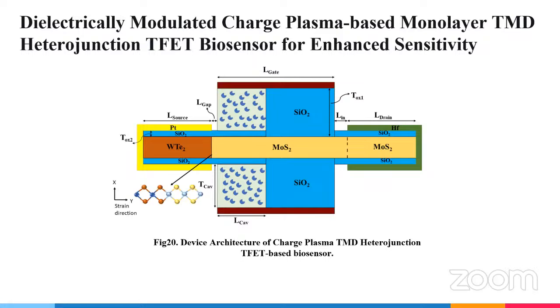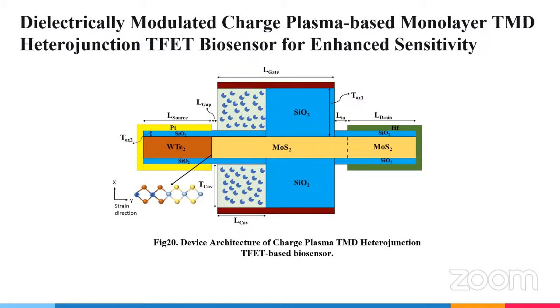So both are different. So how to match them? We have also studied the strain impact on both materials, WTe2 and MoS2, and we have applied tensile strain and compressive strain on WTe2 and MoS2 to match the lattice constant at the interface.